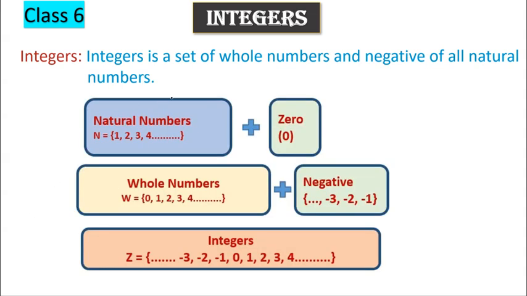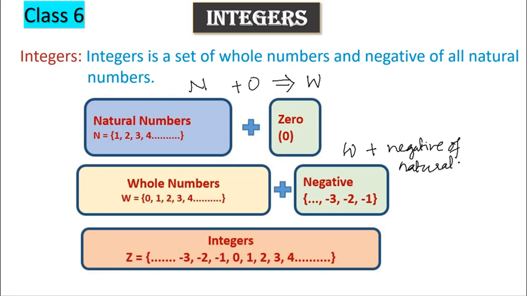Here you can see that the set of natural numbers along with 0 gives the set of whole numbers. The set of whole numbers with the negatives of natural numbers gives the set of integers.